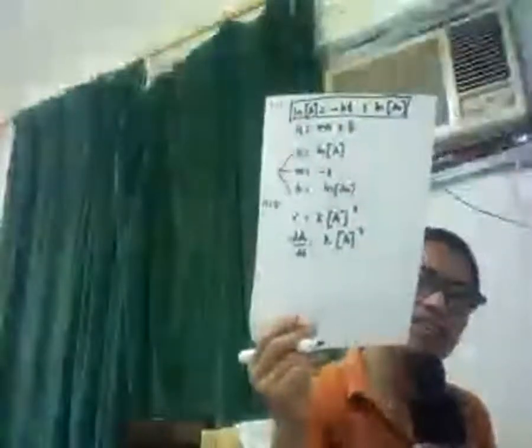The rate is negative dA over dt equals kA squared. Integrate. But before integrating, cross multiply first.